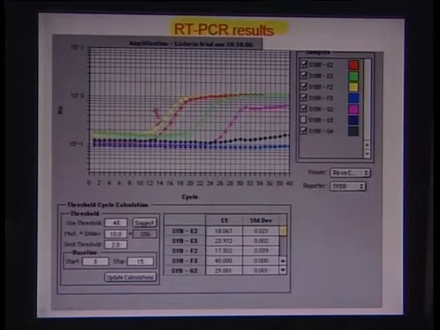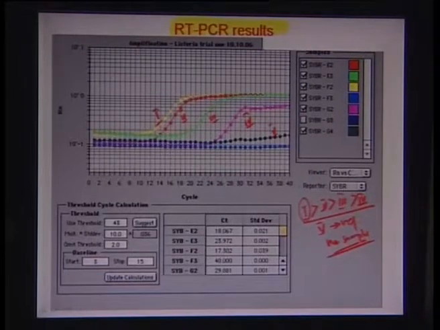These are samples 1, 2, 3, 4, 5 containing different initial template concentrations. The first one has the highest template concentration, and the fourth one has the least. The fifth is essentially the reference, so this is no sample. There is no DNA to start with, just the other components in the reaction, so nothing gets amplified and nothing increases the fluorescence.